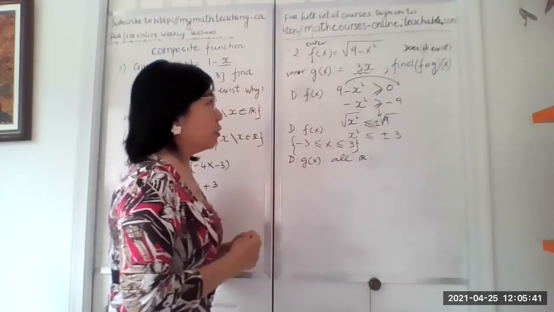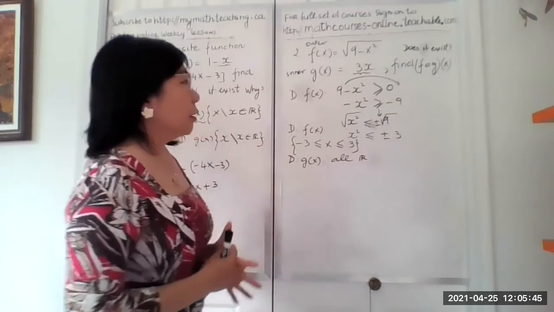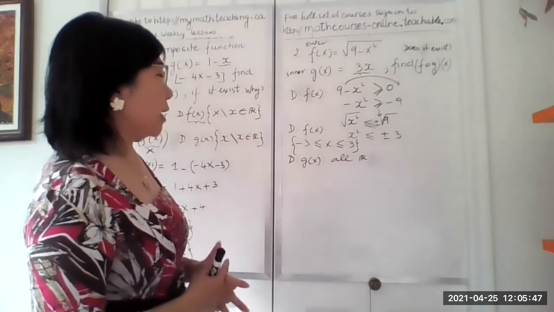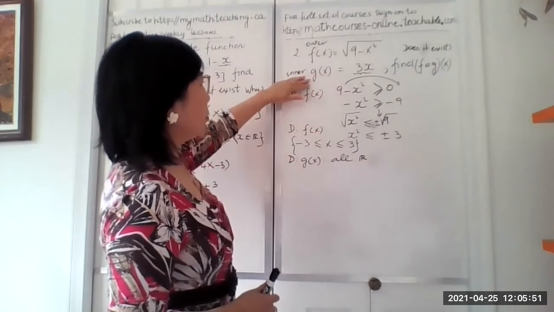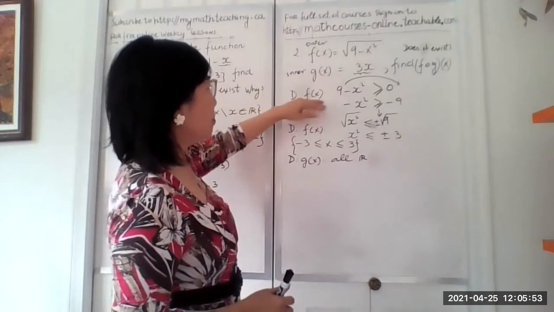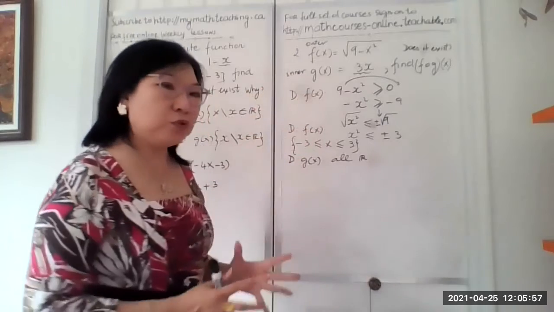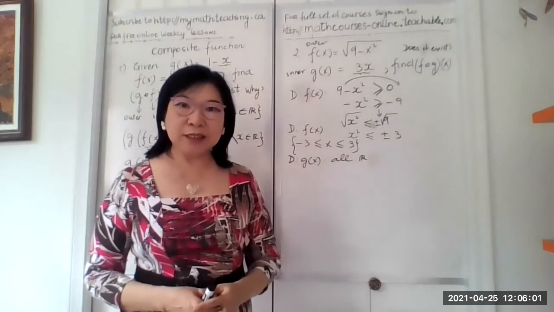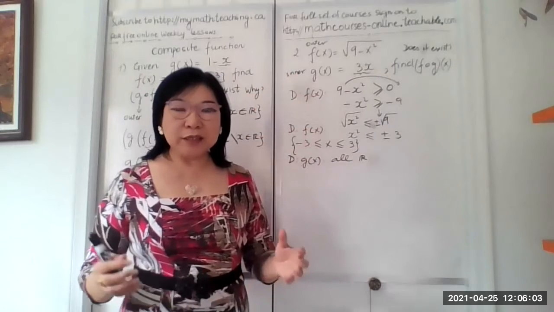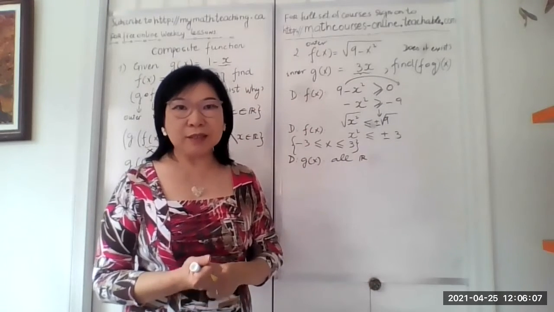So what does that tell us? This tells us that if we want to put the function g of x into the function f of x, then we have to restrict the domain of g of x so that it can fit into the domain of f of x.